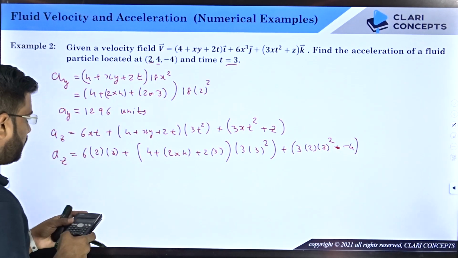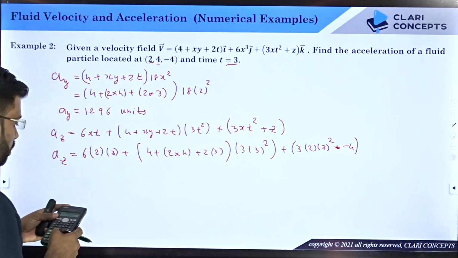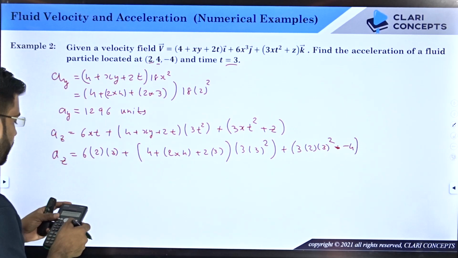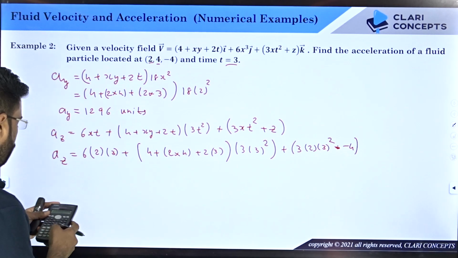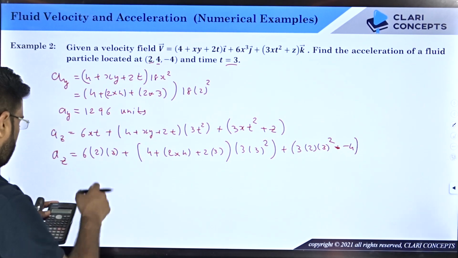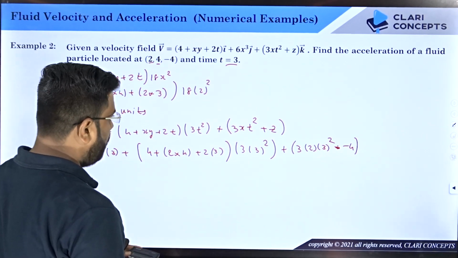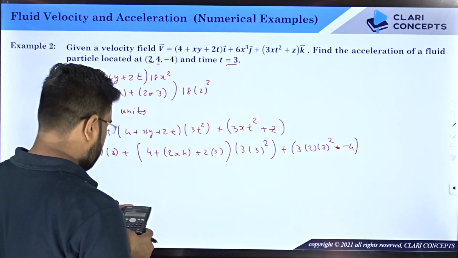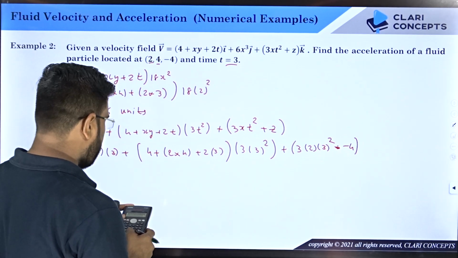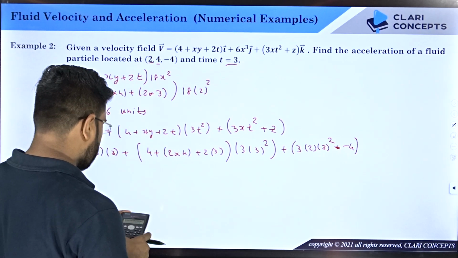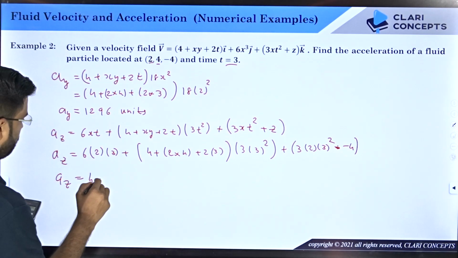So it is 4 plus 6 into 3, I think I will take it cube, and then plus 6 into 2 into 3, this term, and then plus 6 into 3 square, 9, and then minus 4. You will get 464 units.